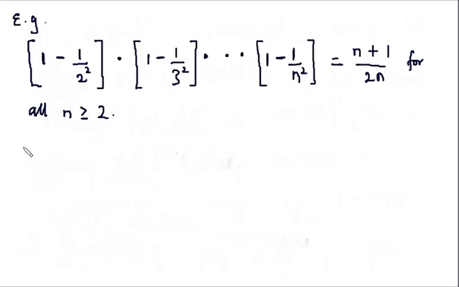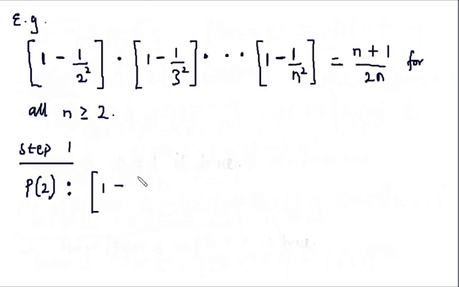So for step 1, we know that p of 2 should be true, right? So p of 2, that's the statement for 2, we could say 1 minus 1 over 2 squared is equal to 2 plus 1 over 2 times 2.